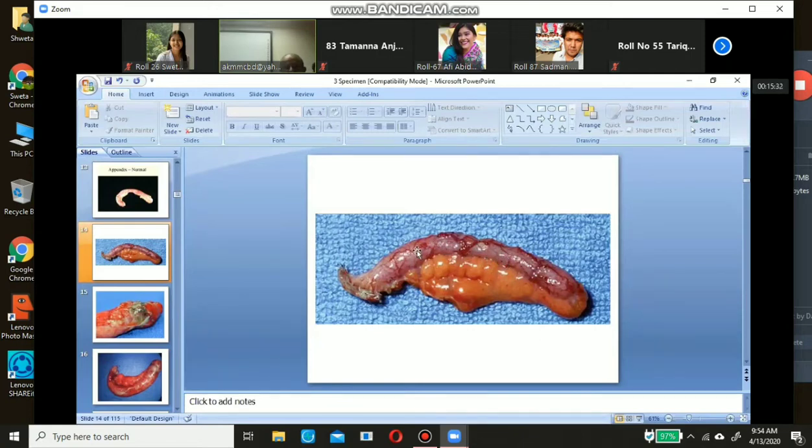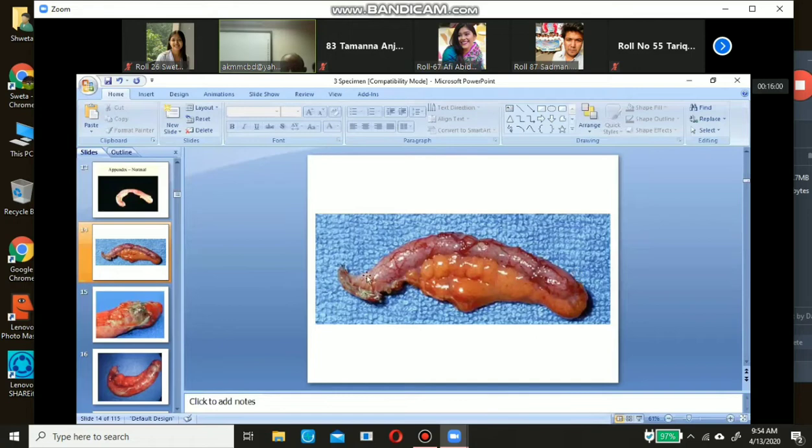The vessels are more engorged. The vessels can be seen very prominently, and the appendix looks engorged. You see the diameter, you see the wall of the appendix, it looks engorged. This is a case of acute appendicitis.